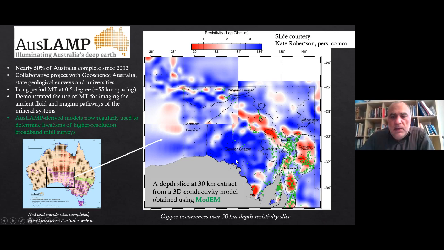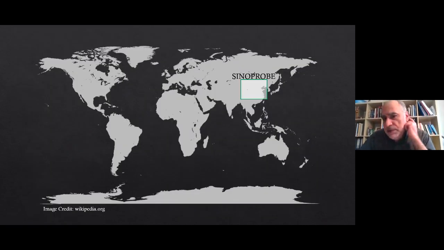Since we are in the eastern part of the world, we cannot leave without talking about SINOPROBE, which is another continental scale MT array, also aiming at exploring the northern part of China.